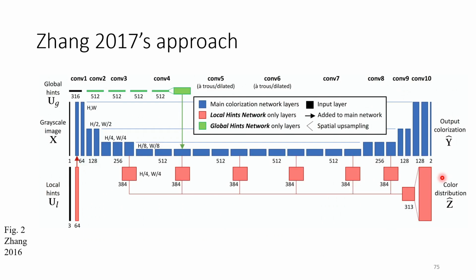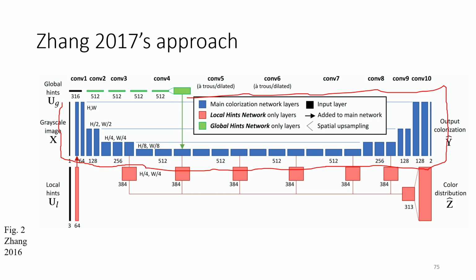Okay, so here, this is the John's TOG paper. This is the architecture, and this part is the automatic part.